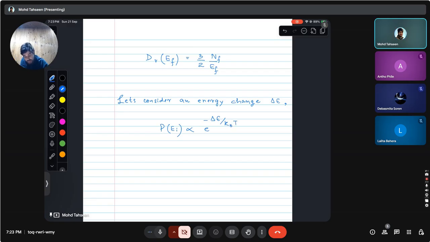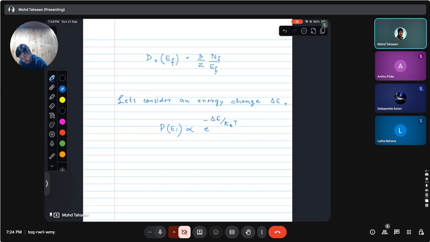What this expression tells us is that as long as this delta E is less than kBT, all those states will have a high probability of occurrence. And if delta E is greater than kBT, then the probability will go lower and lower. As long as this exponent is very small, the probability will be high.